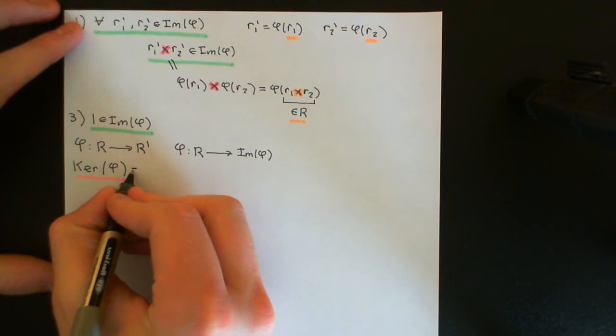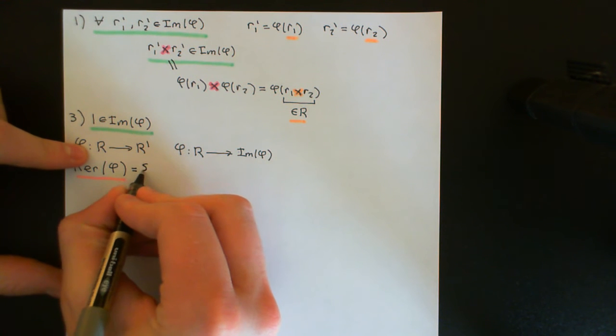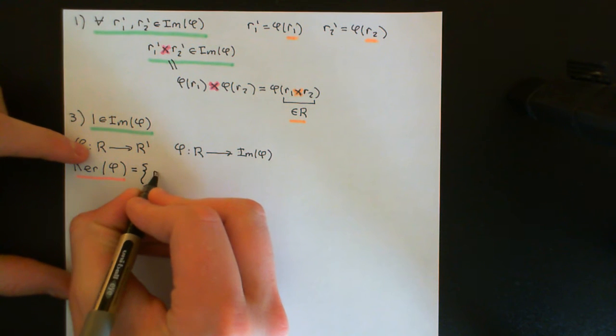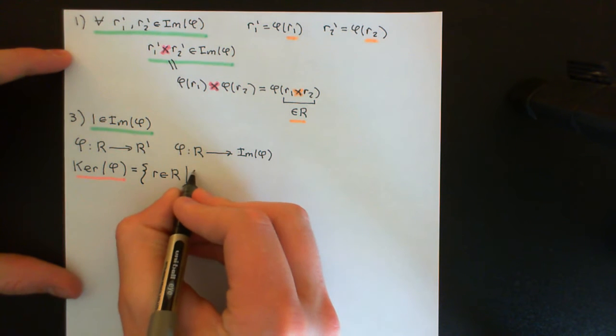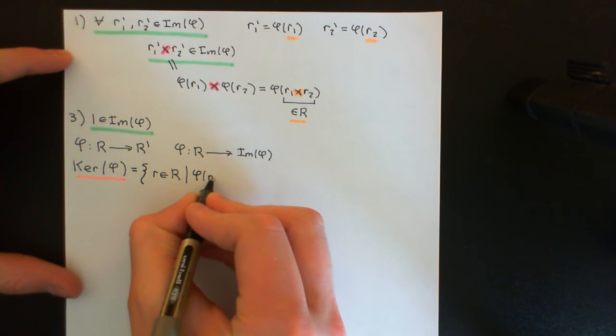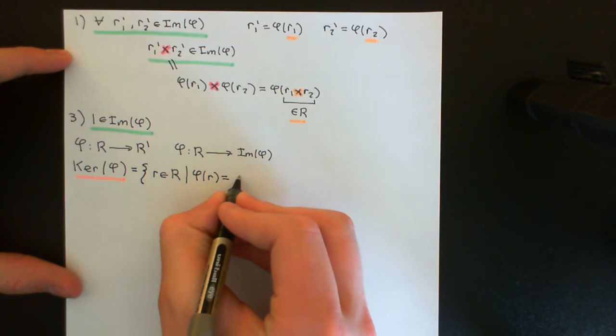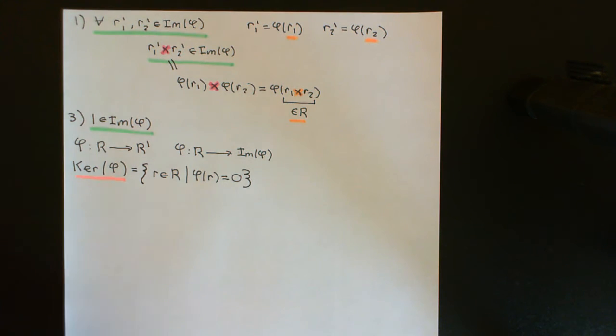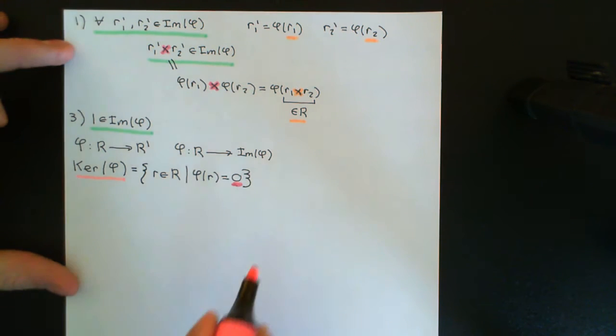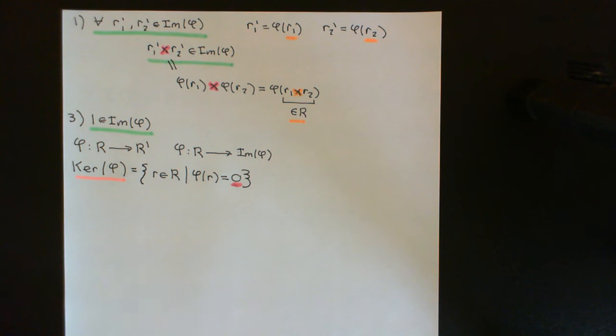It's the subset of the domain ring which is all the elements, so all little r which are elements of capital R, such that the homomorphism maps these elements onto the additive identity in the codomain ring. I will underline this in purple here because this is the additive identity in the codomain ring. So it's all elements of the domain ring which are mapped onto the additive identity in the codomain ring.